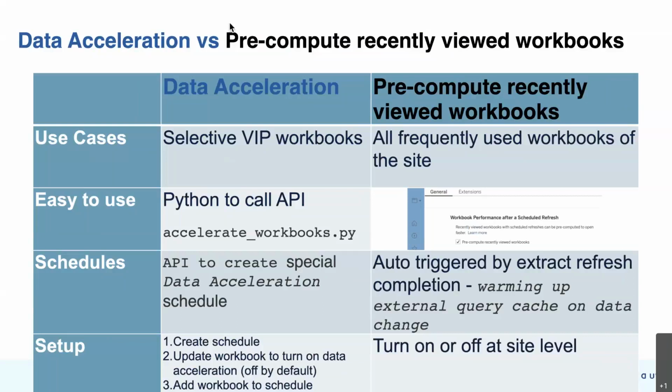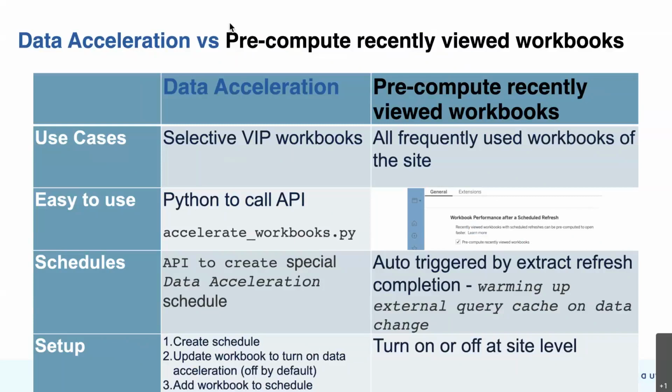Although you can configure it, if you Google my recording from maybe 2 years back, I have a very detailed analysis on this, where the new data accessorization is working differently. That new feature will give us a choice to even cache warm up those less frequently used workbooks, but for VIP workbooks.